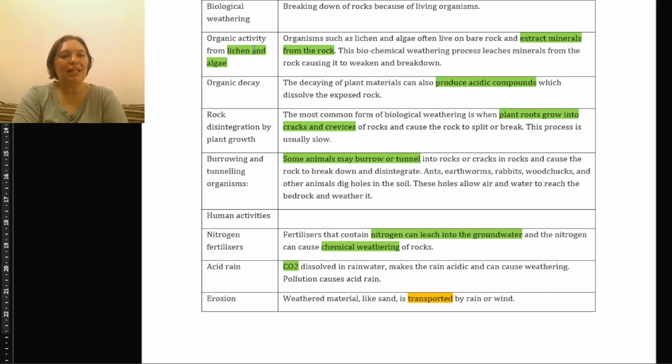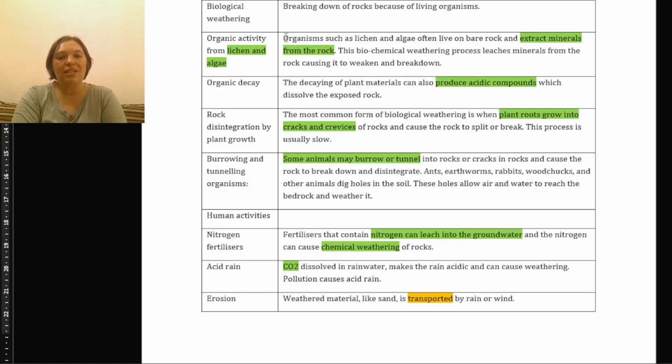Lichen and algae are organisms that can grow on rock, and they get their food from the rock, because they're not on the soil. So they don't have roots into the soil to get minerals. They get their minerals directly from the rock, which means it's taking something away from the rock. So the rock gets weaker and breaks.